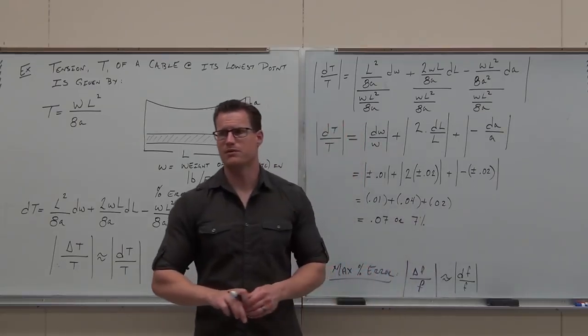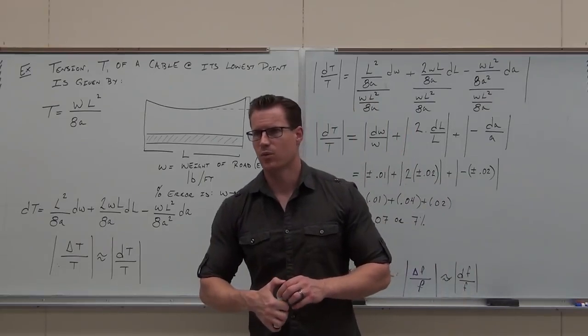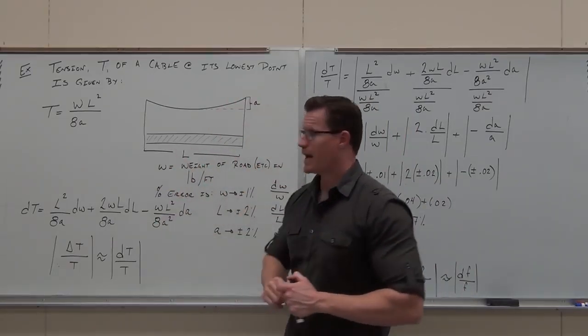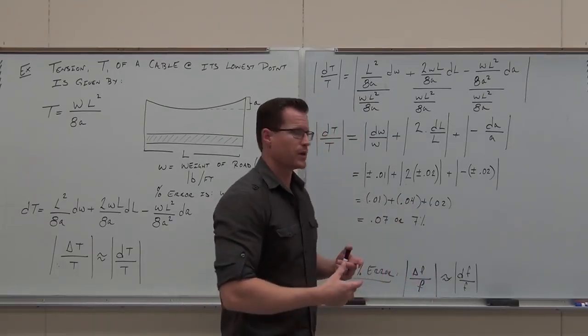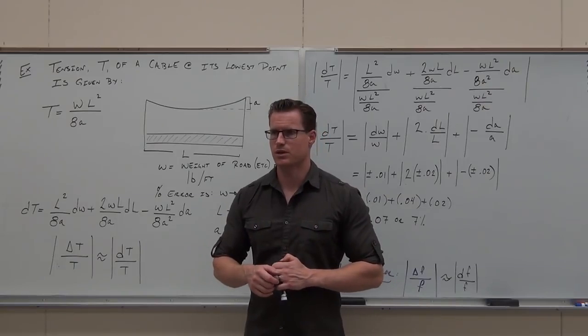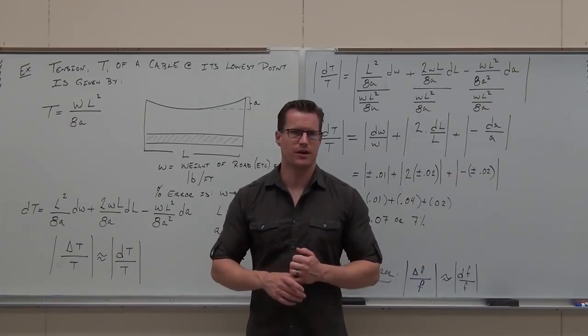So engineering people, what we've determined in this scenario, if our measurements are this accurate, disregarding what our weight and length and A value actually are, we know that our cable tension is going to be off at most 7%. We could underestimate or overestimate at most 7% of the total value of the tension that we find.